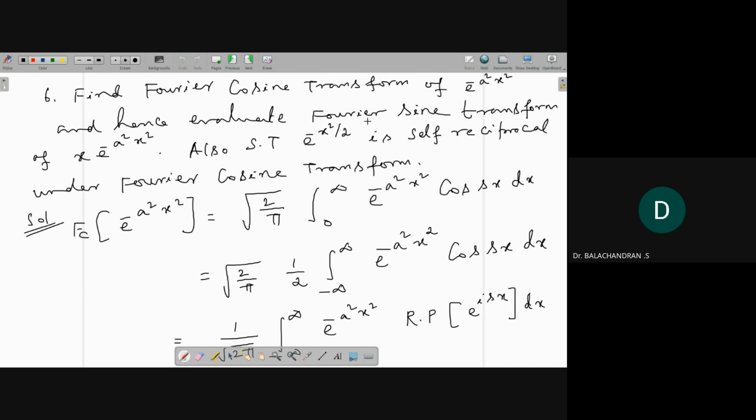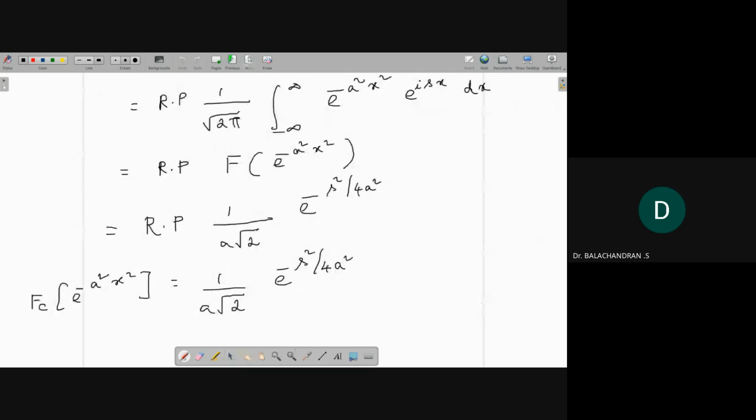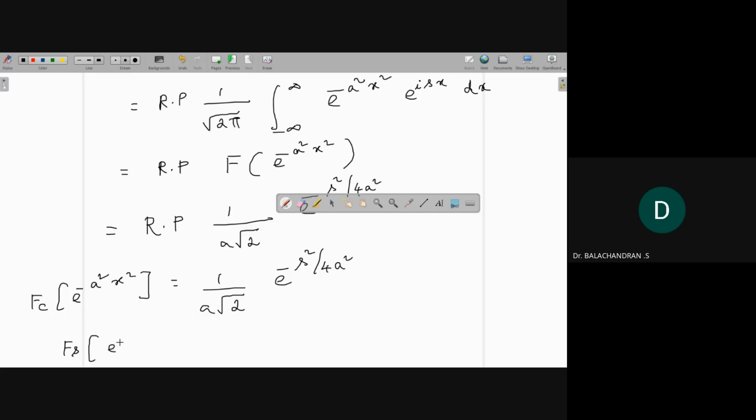Next, I need to evaluate the Fourier sine transform of x into e power minus a square x square.